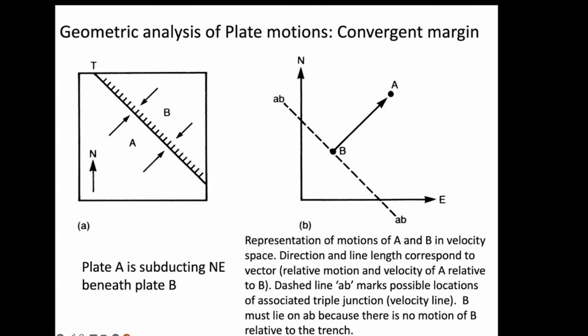So let's conduct a geometric analysis of whether this triple junction is stable or not. The way we do this is break it down into pieces. Here we've got the geometric analysis of this convergent margin. It's oriented like that. A is being subducted beneath B. So the way we would show that plate motion vector is like this. A is moving in this direction relative to B. B is relatively fixed. A is moving that way.